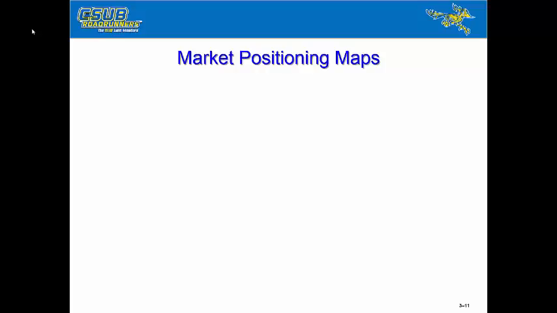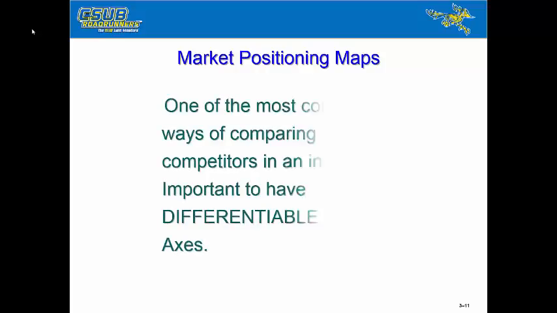I just want to use them in a particular way here in your strategy analysis. It's one of the most common ways of comparing competitors in an industry. The key thing here is to have differentiable X and Y axes. So I need X and Y axes that show me how the companies that you're comparing are different from each other.